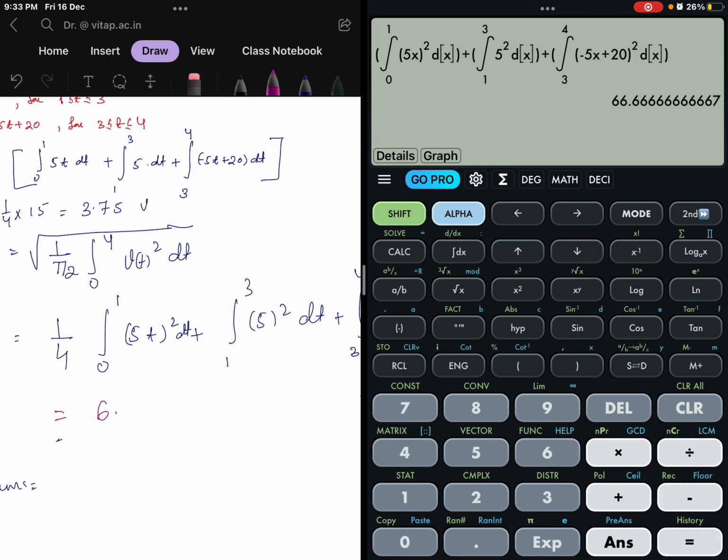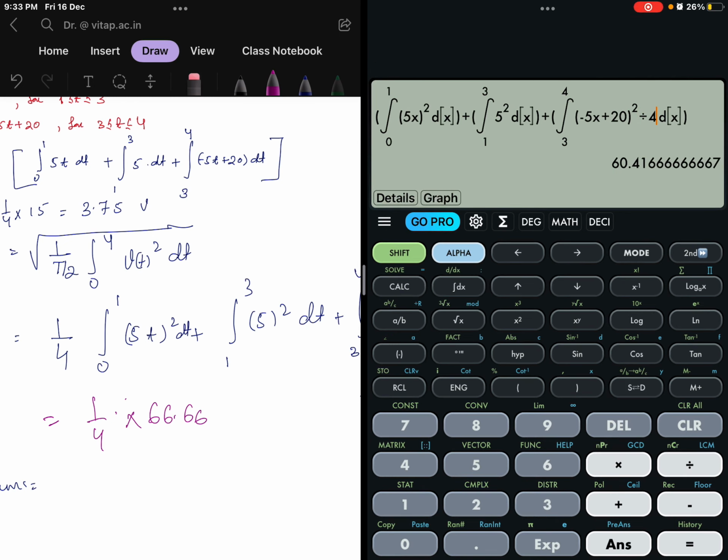So, this is equal to 1 by 4 into 66.66, so divided by 4.